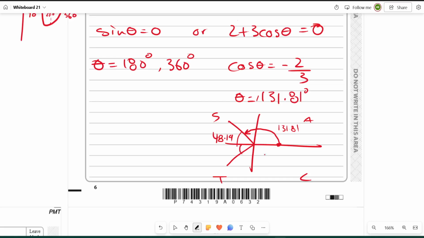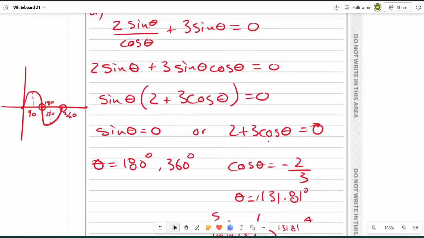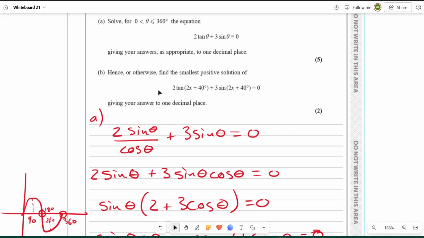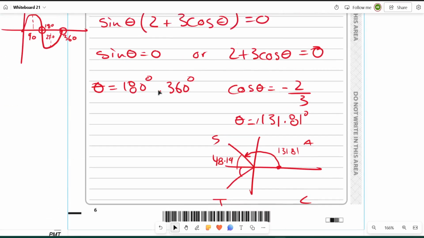And this is also 48.19. My range is from 0 upwards, so I don't want any negative answers, so I'm not going to bother to move in the clockwise direction to get this answer. What I'm going to do is get the next positive answer, which is going to be this one. So I did a full 180 plus this bit, which is 48.19.